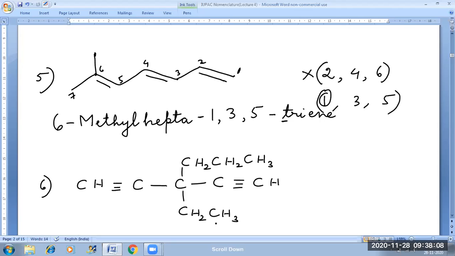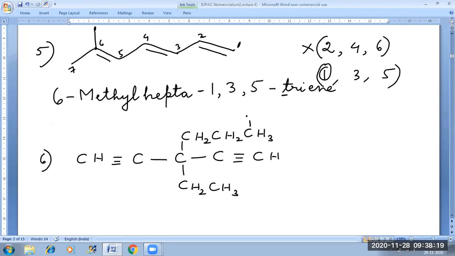Sixth one. One, two, three, 4, 5, and 6. Is this correct? No, sir. You have to include the triple bond. So what I have done correctly is containing 6 carbon atoms in the longest chain.